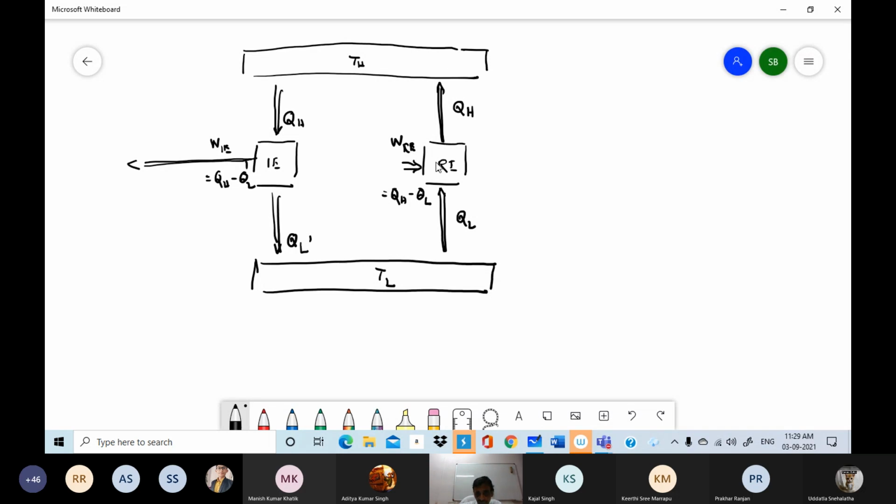Now we know, by assumption, this has higher efficiency, so WIE is greater than WRE.